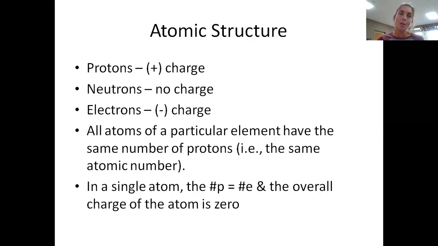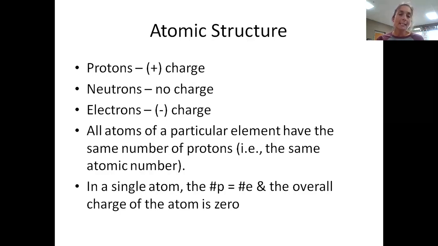So the atomic number of an element really does define it. Every element has its own atomic number, and that atomic number tells a person how many protons that atom has in its nucleus.